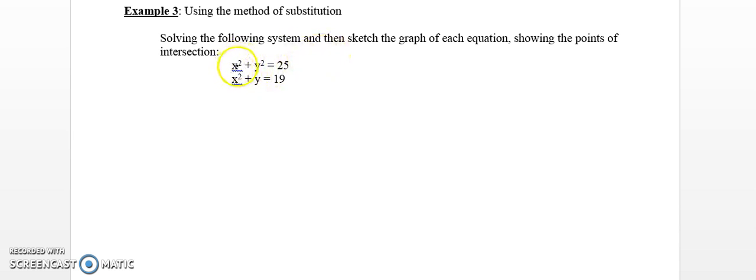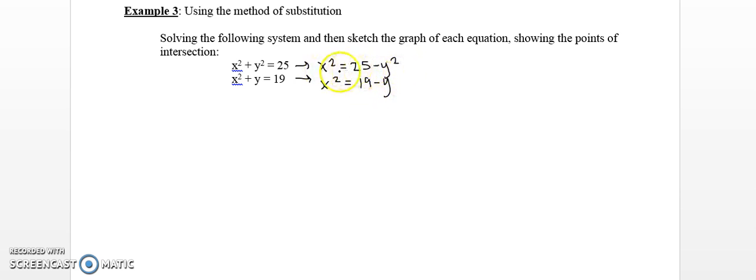So in this case, I'm going to solve both of these for x squared, because I have an x squared here and an x squared here. So I get x squared equals 25 minus y squared, and x squared equals 19 minus y.